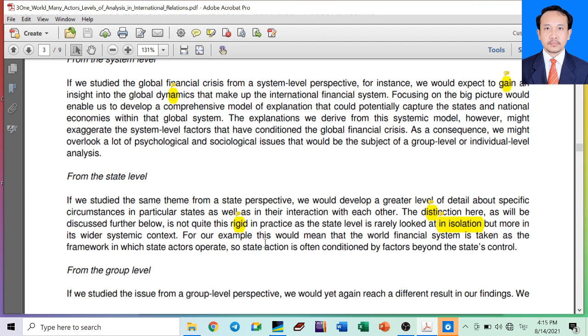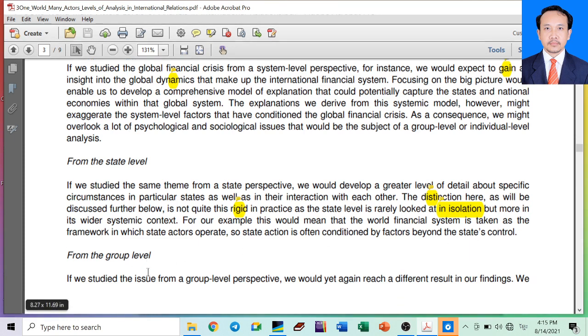For our example, this would mean that the world financial system is taken as the framework in which state actors operate. So state action is often conditioned by factors.